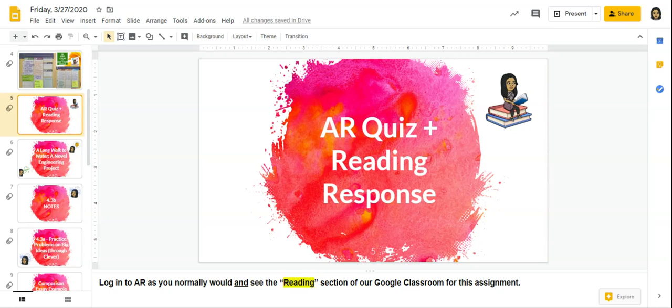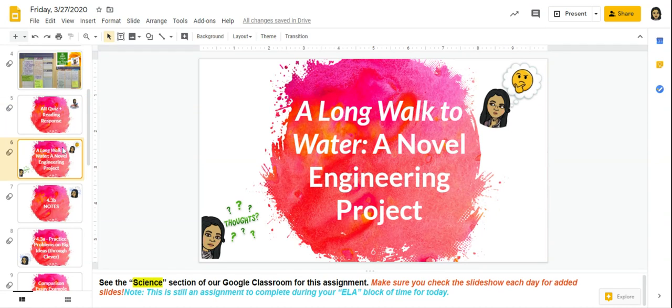And then in the reading section of our Google Classroom, there is a reading response that you should be very familiar with. And I've also relinked Miss Gonzalez's videos on there about how to access some reading materials on the public library system. Okay, A Long Walk to Water, a novel engineering project. Today I've added quite a few slides to our novel engineering project, so it would be important for you to have your scratch notepad handy to take some notes.